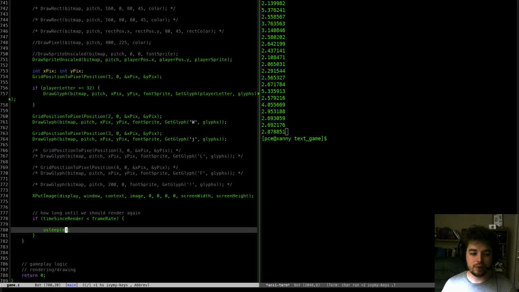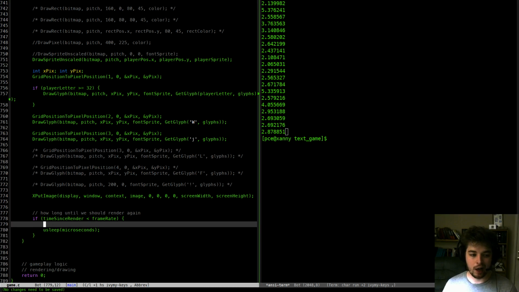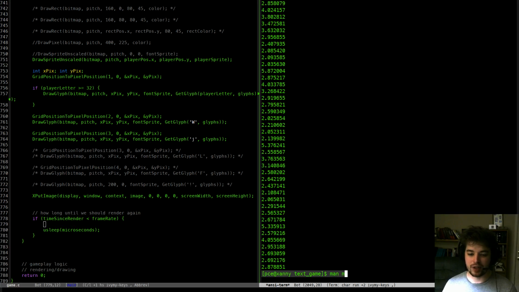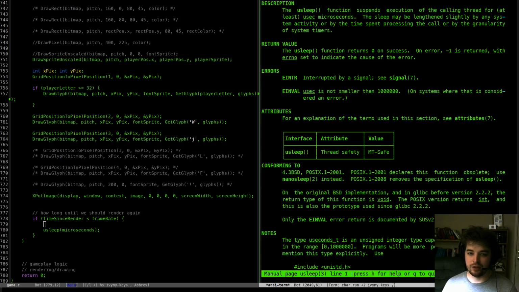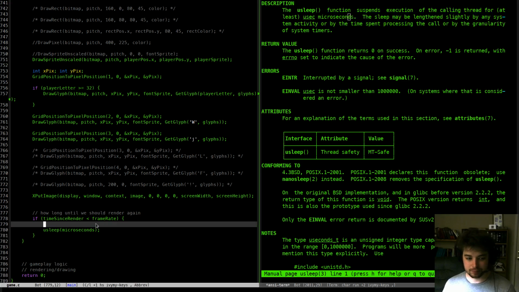And this is going to take microseconds. That's a thing that I know. If you wanted to, you could look at the man page and see that it suspends execution of the calling thread, which is our program, by some number of microseconds.